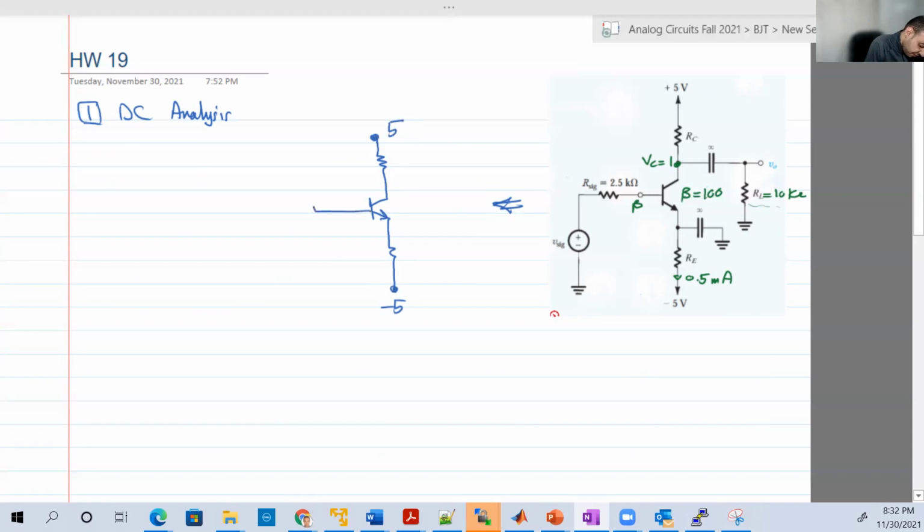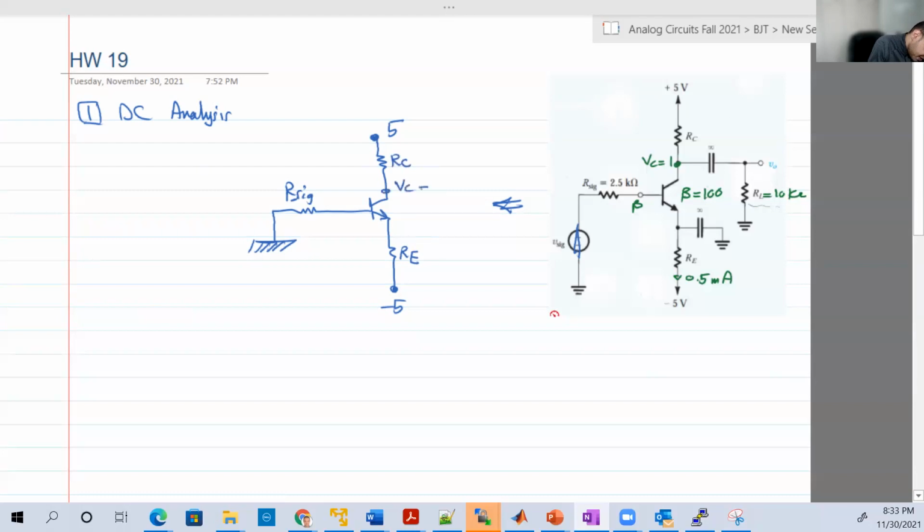Then you have our signal, and we canceled the V signal source, so it becomes grounded. So our signal resistance is now connected between the base and the ground. Here is RE, which is required, and here is RC, which is also required.